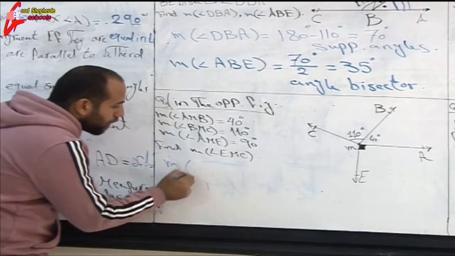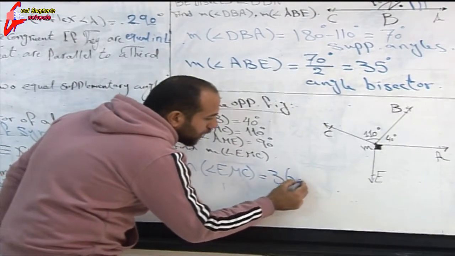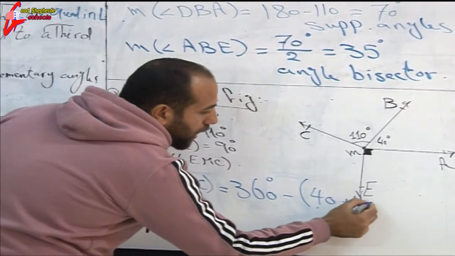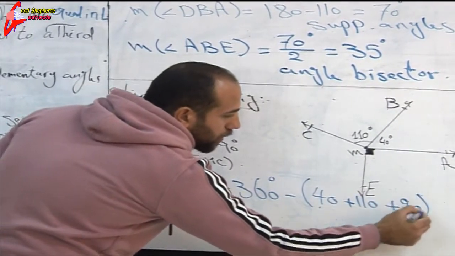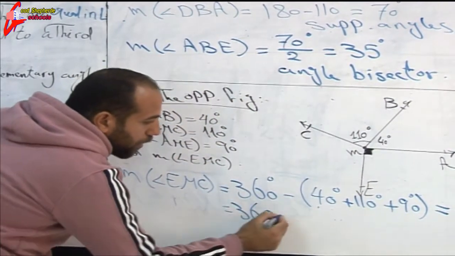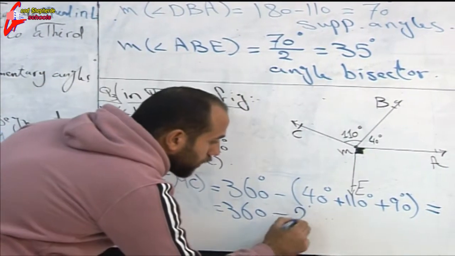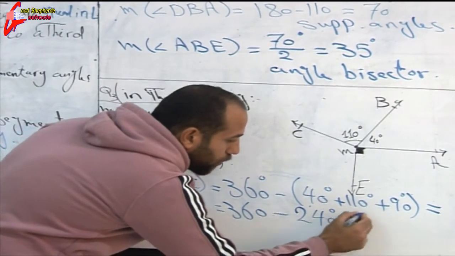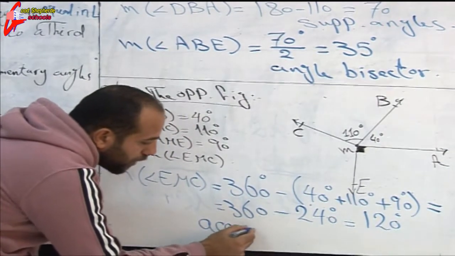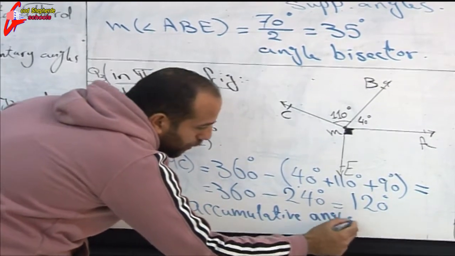So measure of angle EMC equals 360 degrees minus their sum, 40 plus 110 plus 90. 360 minus 240 equals 120 degrees. Don't forget to write accumulative angles at a point.